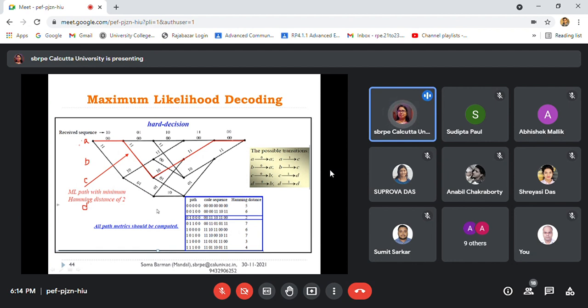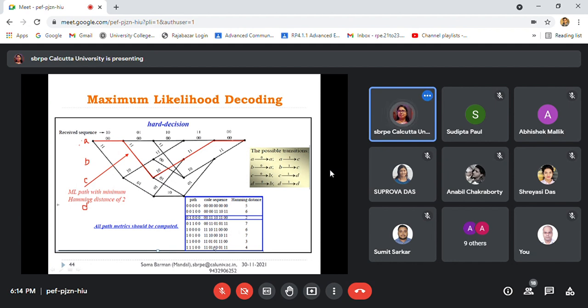So 8 possible paths will be there. Out of these 8 possible paths, you have to find out the code word from the trellis diagram, and what is the distance of this code word from the received code word.